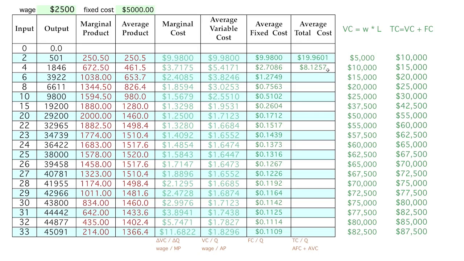If on the other hand you added together the average fixed cost plus the average variable cost, you could do that on a calculator. You'd get the same answer. So one way to do it, take the average variable cost, add together the average fixed cost, that'll give you the average total cost. On the other hand, if you take the $15,000 total cost, divide that by 1,846, that would give you the same answer.